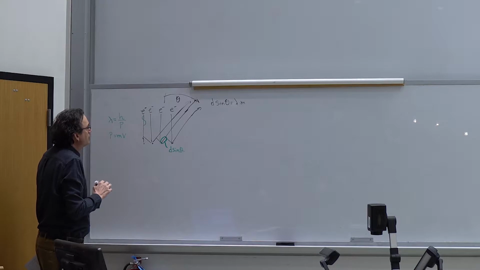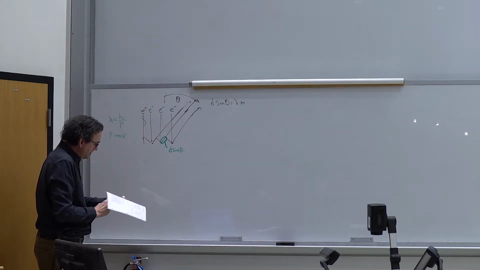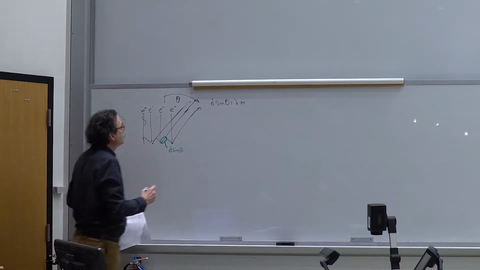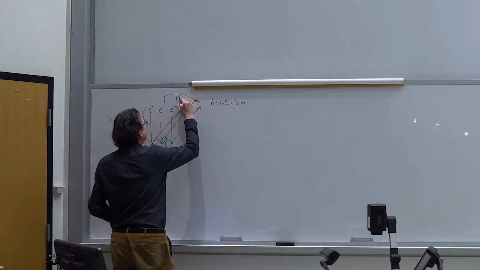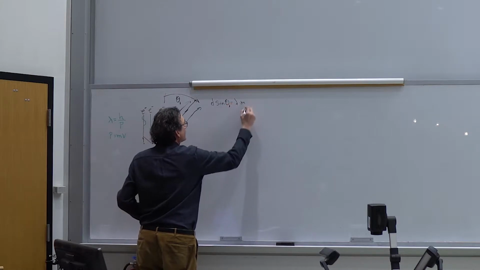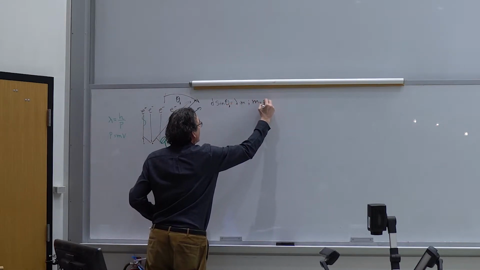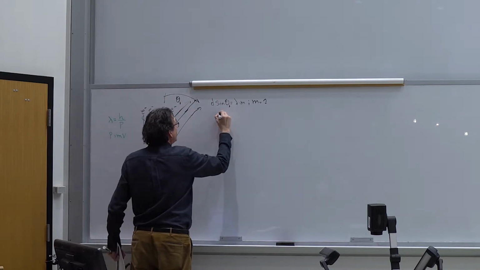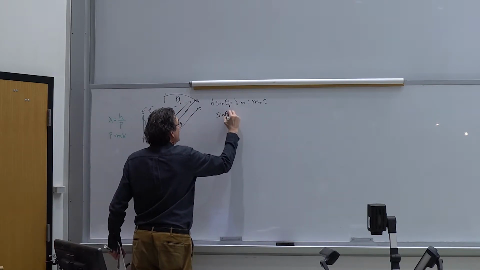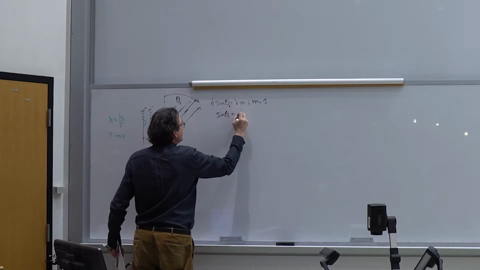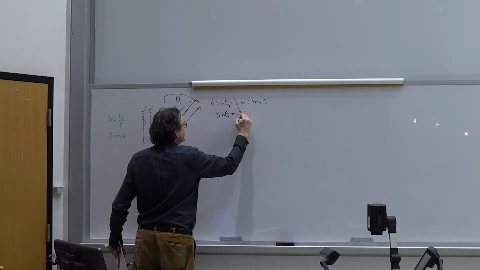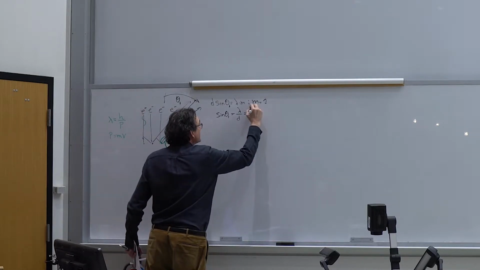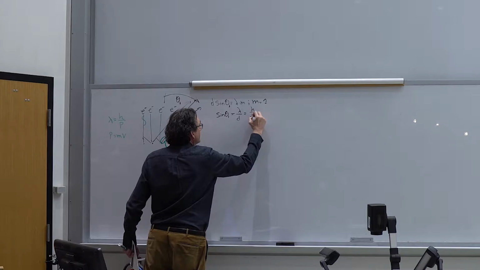And furthermore, the confirmation that de Broglie was correct was that the observed angle theta 1, for m equals 1, was confirmed by calculating the angle based on the de Broglie condition that sine theta is lambda over d, and lambda is h over p, so this becomes h over d times p.